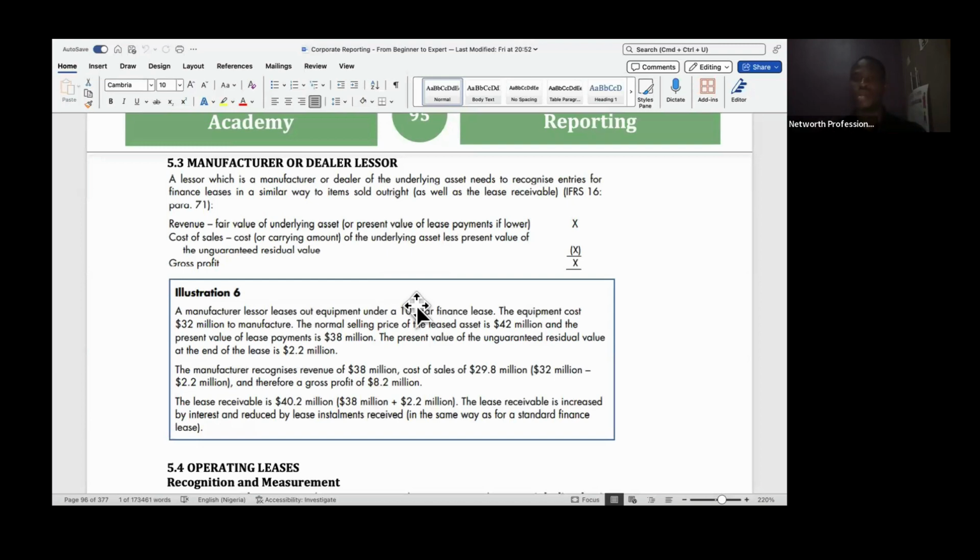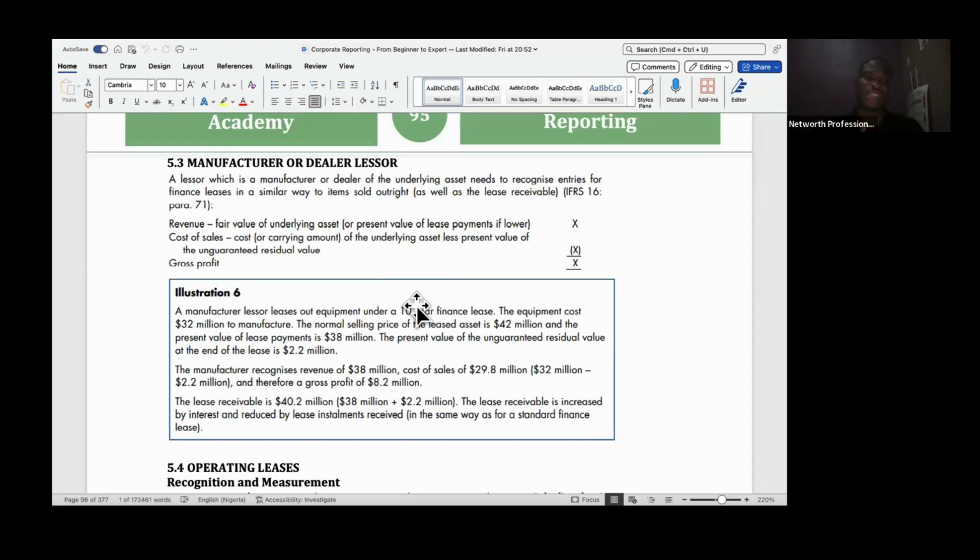For example, the lessor leases a car under a finance lease, and that is what the lessor also sells as his principal activity. Imagine you have a car shop where you sell cars. You now lease one of your cars. Instead of selling outrightly and collecting your money, you decided to lease.